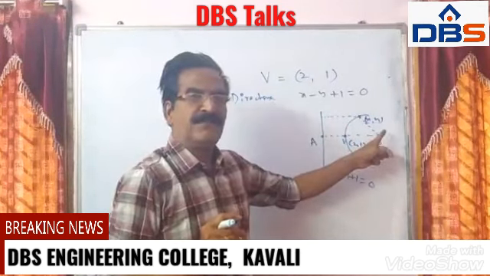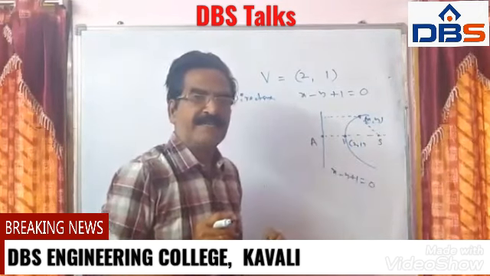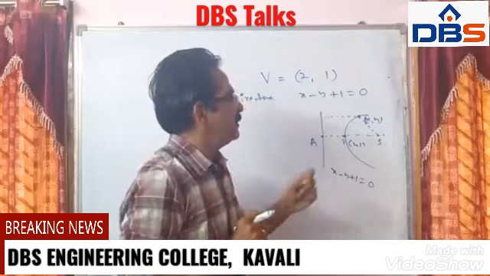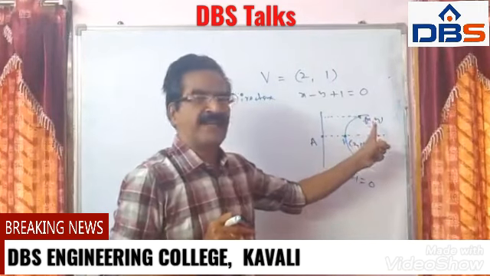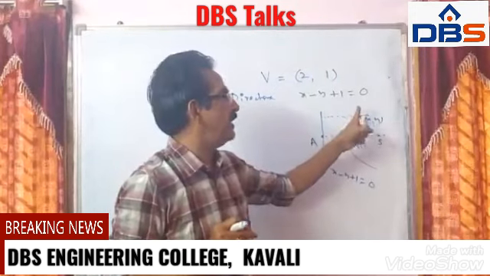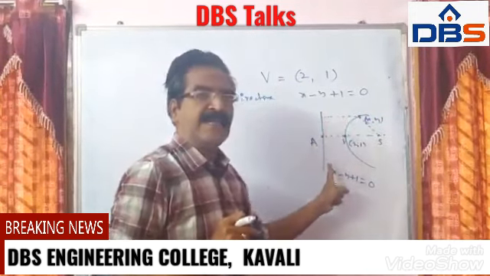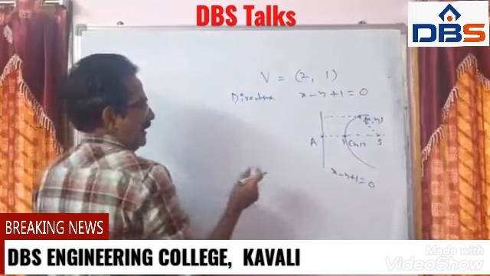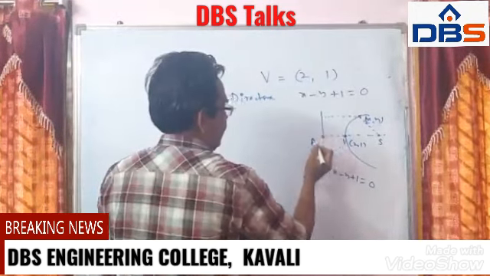Like that we find S, and as per the definition of parabola, the distance between x, y and the focus is equal to the distance between x, y and the line. So first our target is finding A.